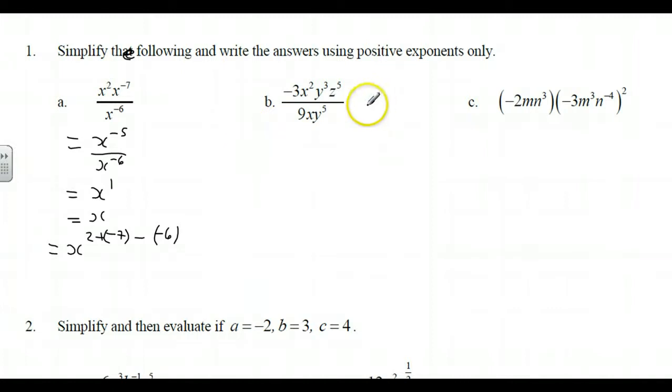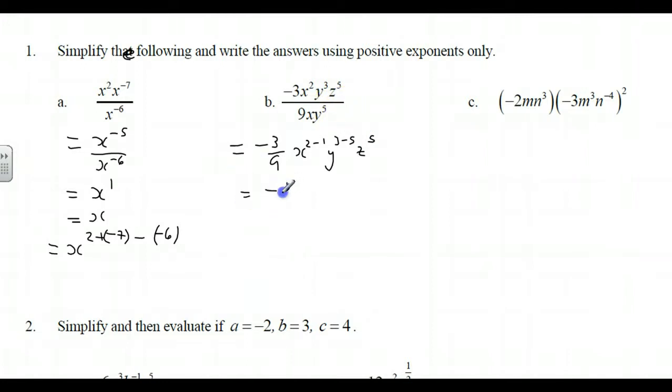Here. So we have 2 minus 1. So negative 3 and 9. Maybe we'll leave that first. We've got x to the 2 minus 1, y to the 3 minus 5, and z to the 5. No z down here.